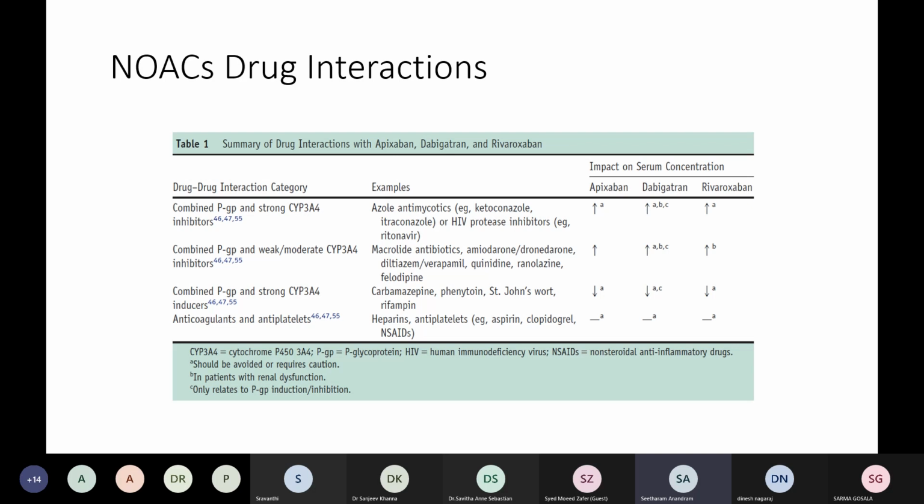Or if the patient is on an antiretroviral drug like ritonavir, or macrolide antibiotics like clarithromycin, or some of the anti-epileptic drugs like carbamazepine and phenytoin, you have to be extremely cautious when you're using the NOACs.